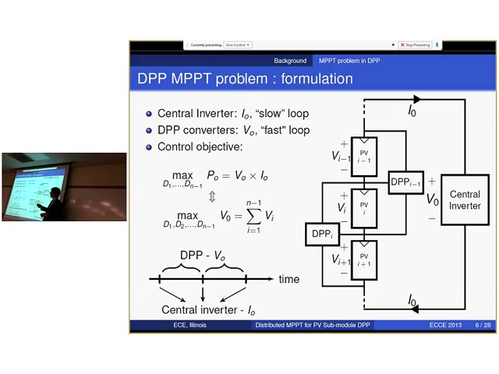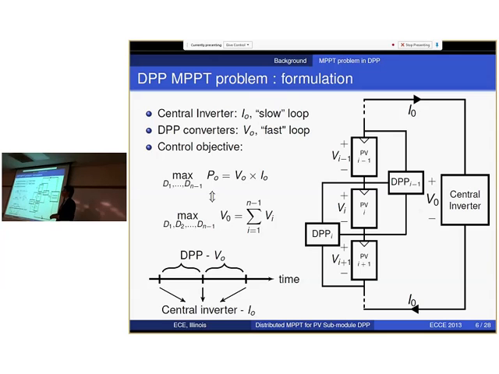Then the task of maximizing string power can be simplified to maximizing string voltage, and this is exactly what DPP converters are doing in this case. So here is the timeline of this control. You can see discrete steps of string current update, and in between, there are DPP converters trying to maximize the string voltage.